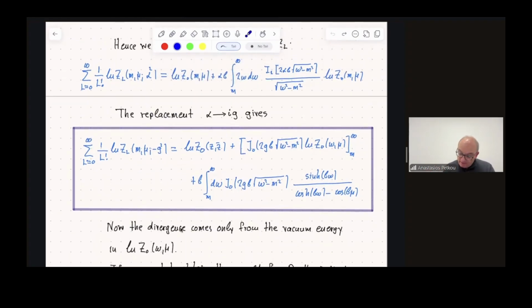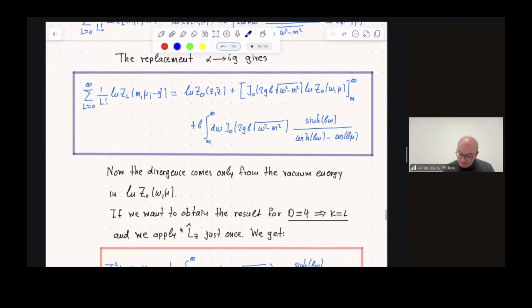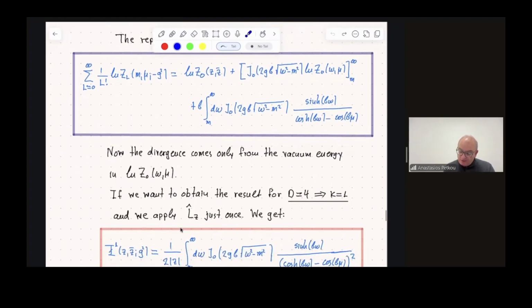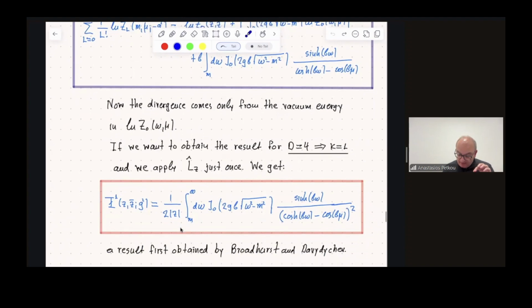Instead of having a modified Bessel I have the usual Bessel of the first kind J, and that's the result. And now you can look at that and see that the divergence comes from the vacuum energy only of the quantum mechanical model, and everything else is finite.